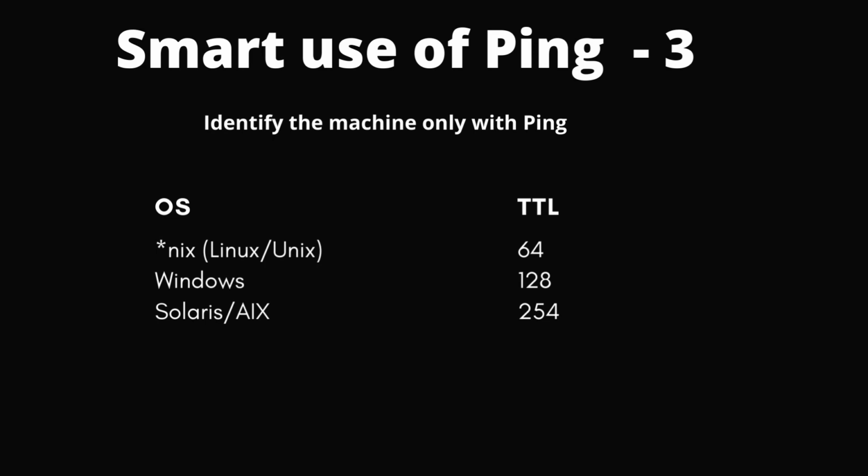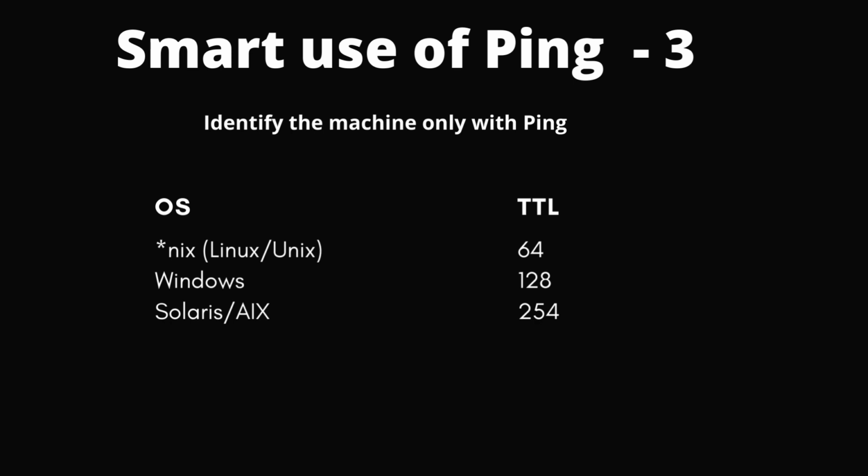Now you can identify the device, as I said before. It's a remote device having an OS. There are some fixed TTL values already configured in that particular OS, like Unix having 64, Windows having 128, and Solaris 254. Now these TTL values can vary based on the particular OS.